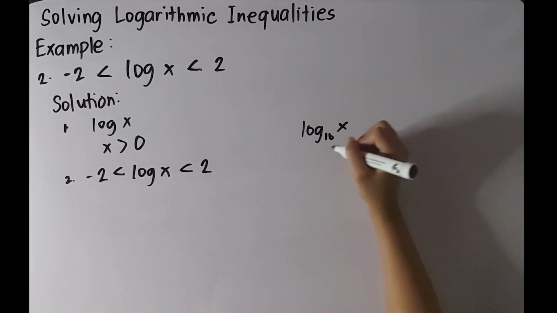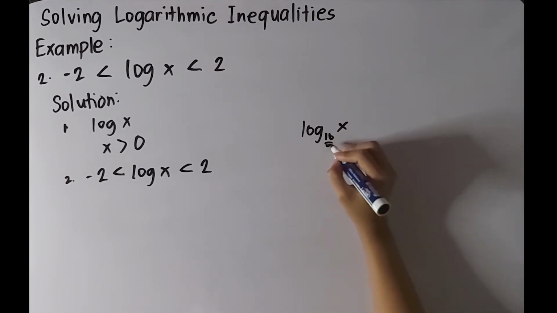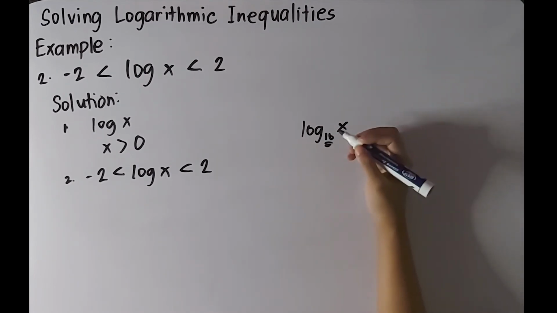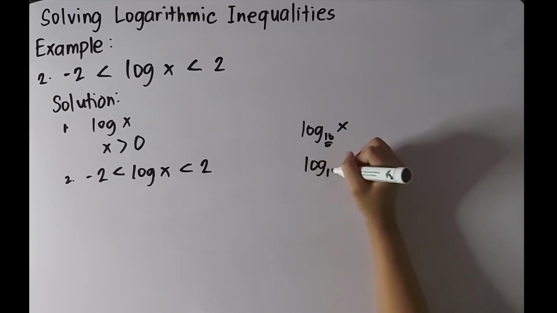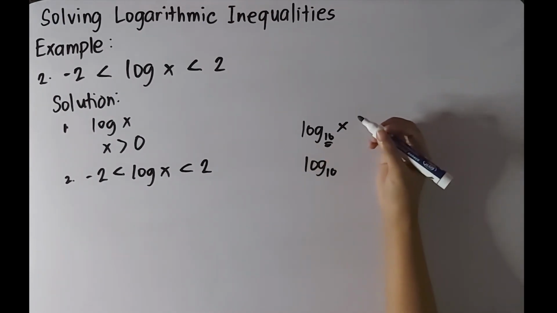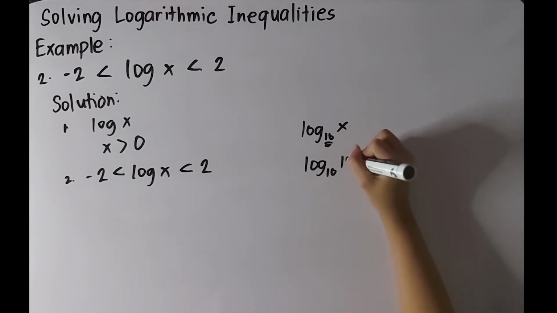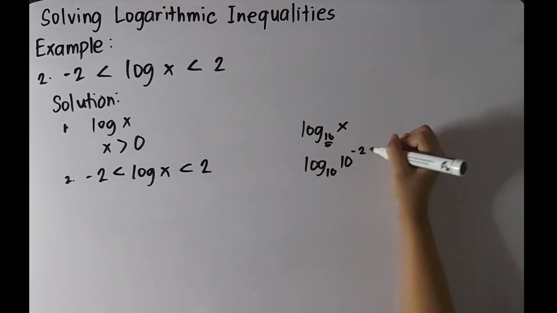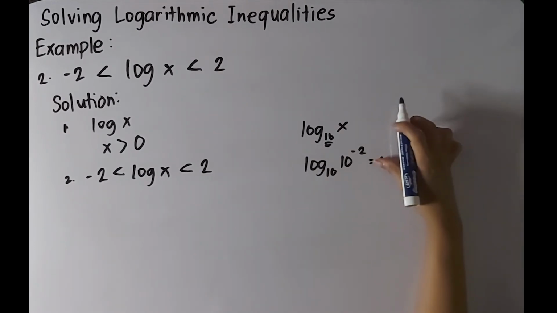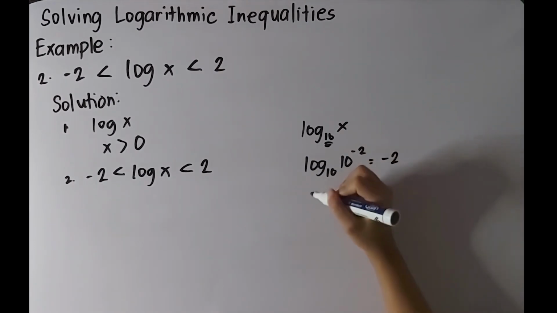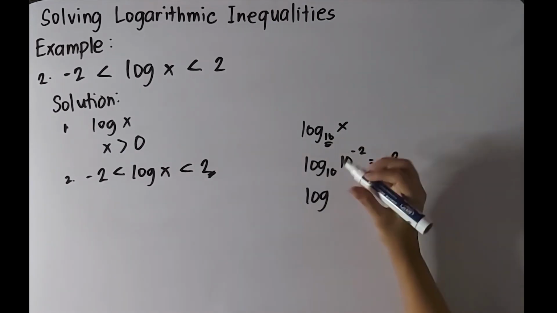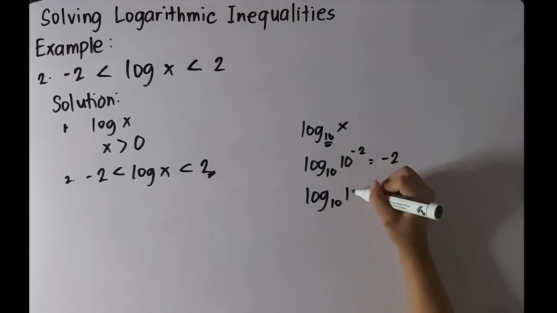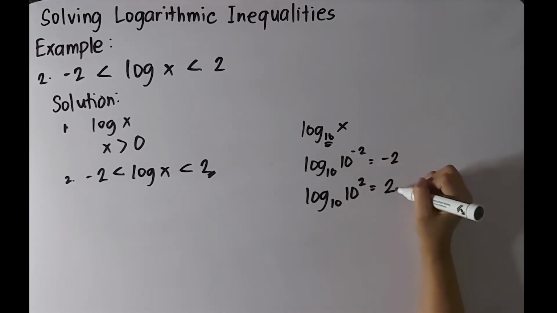Negative 2 can also be written with base 10: log base 10 of 10 raised to negative 2, which is equal to negative 2. And positive 2 can be written as log base 10 of 10 raised to 2, which is equal to 2.